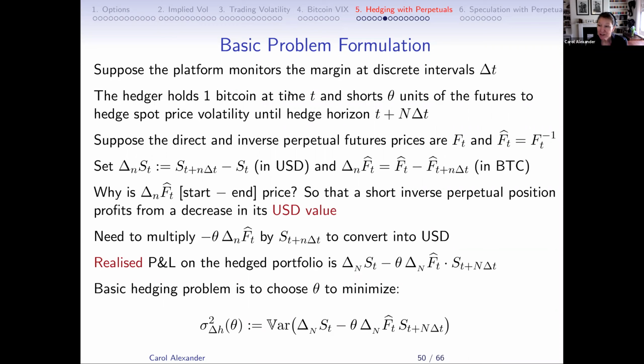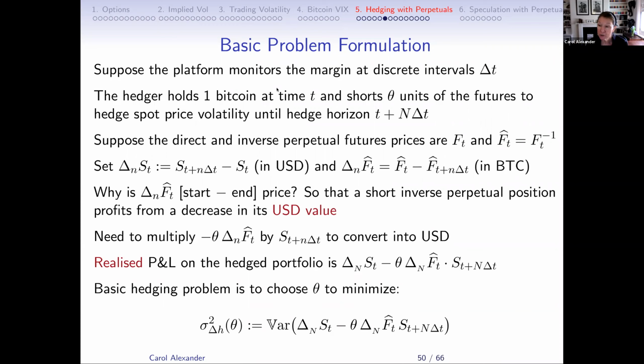Because there are 2 different types of perpetuals, and in fact ordinary futures as well. There are what we call direct and inverse futures. So the futures that I showed you for the price discovery study were all inverse futures. In other words, they were not denominated in USD, they were denominated in Bitcoin.